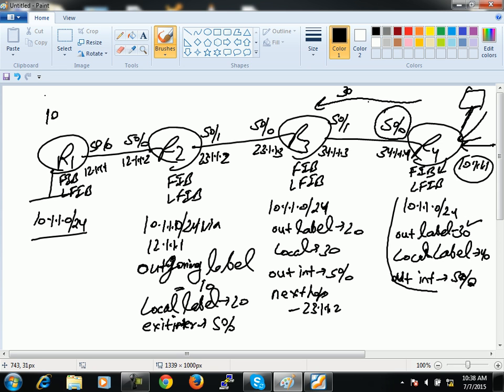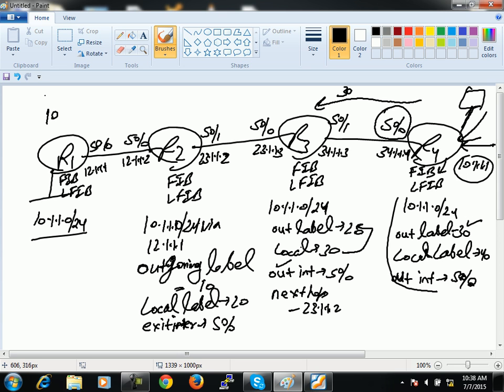What I taught you, if a router receives a labeled packet, it will perform lookup in its LFIB. Now this is your LFIB. So what does it mean? That if any packet comes with label 30, the outgoing label will now become 20. It means this label 30 will be replaced with label 20, and it will not require opening its IP header.